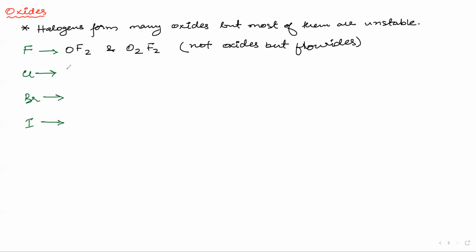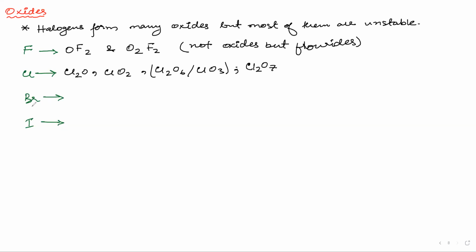Now chlorine, it can make Cl2O, can make ClO2, and it can make also Cl2O6, or you can also write this as ClO3. It dimerizes. Next, Cl2O7.